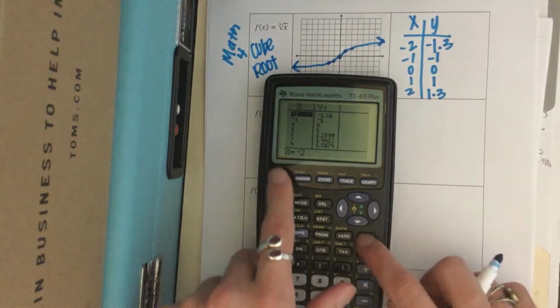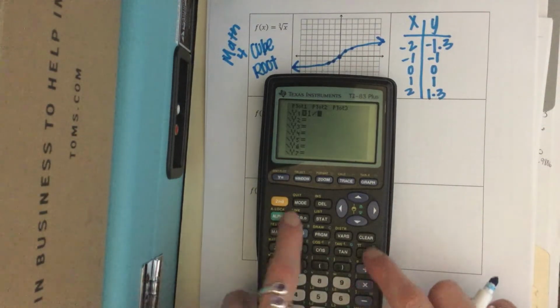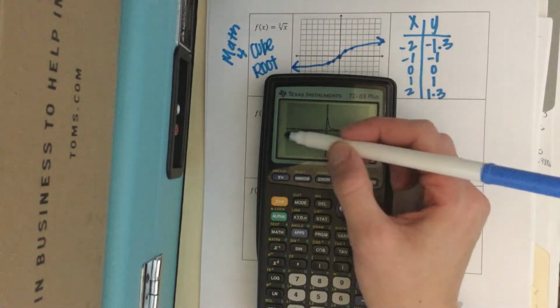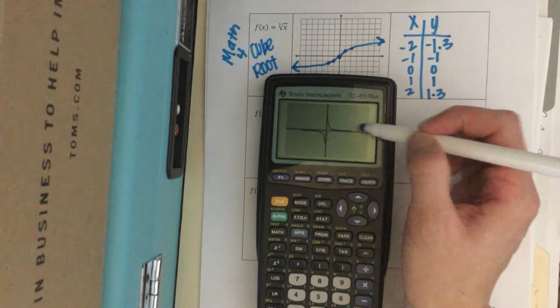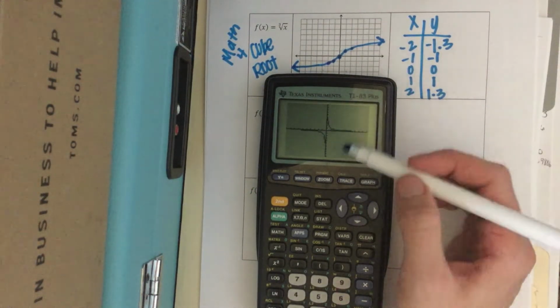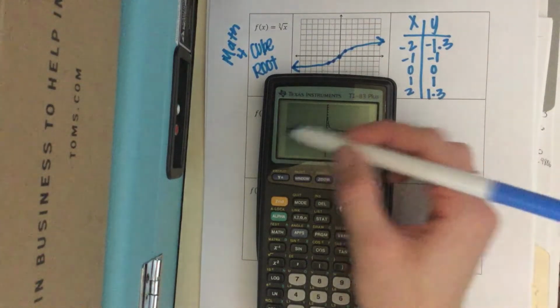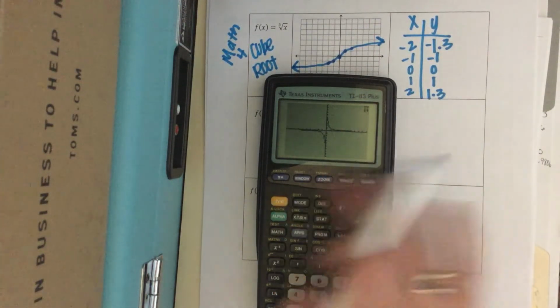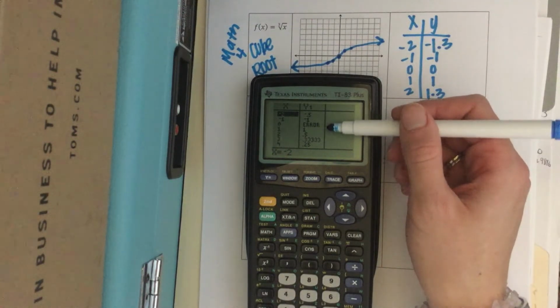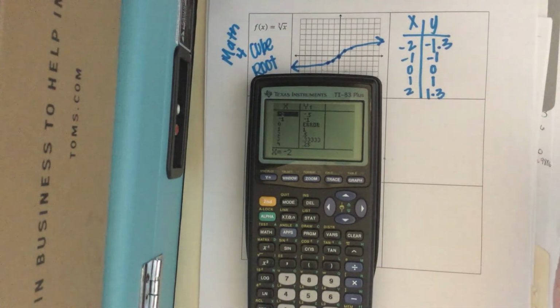1 over x, 1 divided by x. So you get this. Notice that this is going right along those axes right there. It's never going to touch the y-axis, and it's never going to touch the x-axis. If we look at our table, we have an error at 0. That error means there's an asymptote right there at 0.